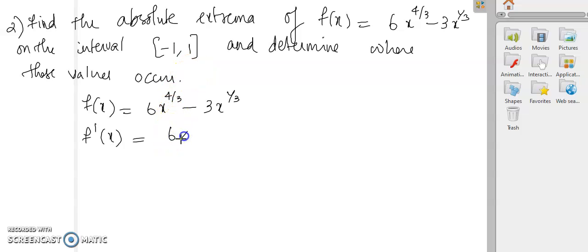So f′ is 6 × 4/3 × x^(1/3) minus 3 × 1/3 × x^(−2/3).